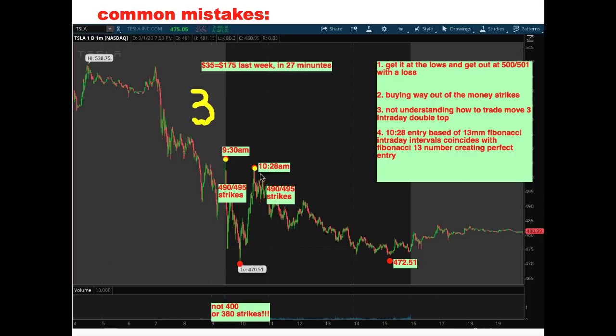Now, guys, understand this: stocks will have intraday bounces. And so that is the issue with buying way out of the money strikes right at the open. What you're really assuming is that the stock is just going to drop in a straight line and continue dropping through the rest of the day.